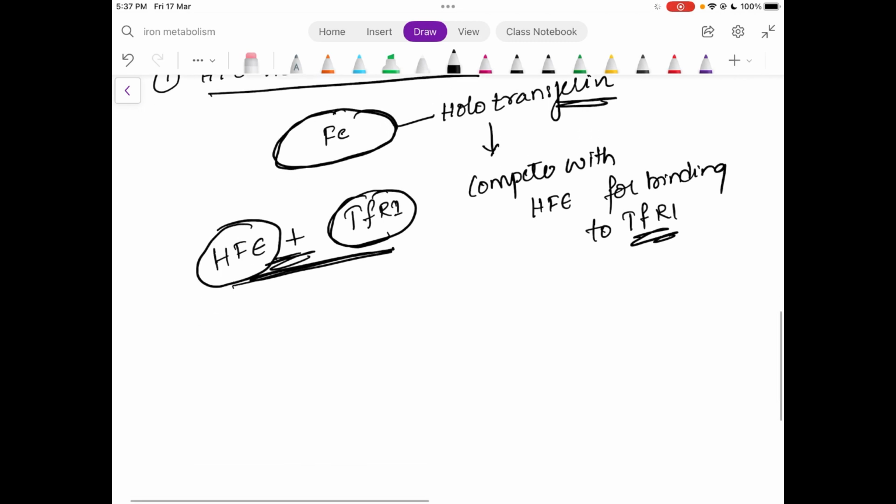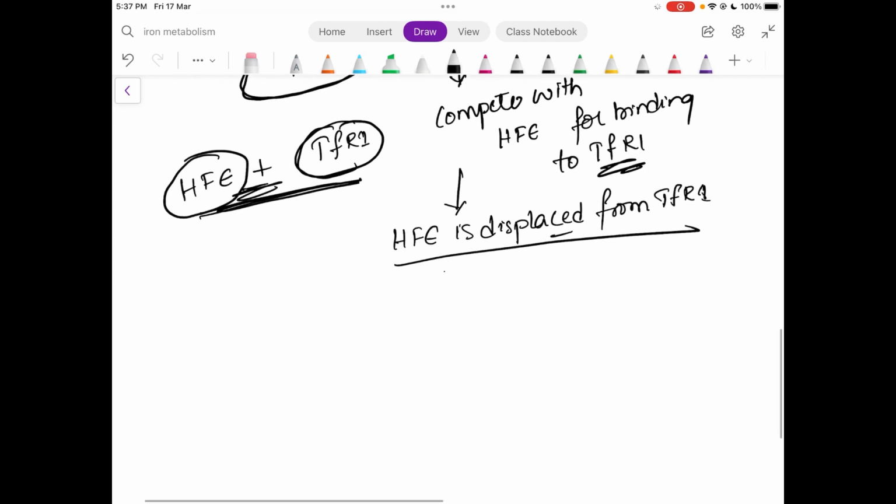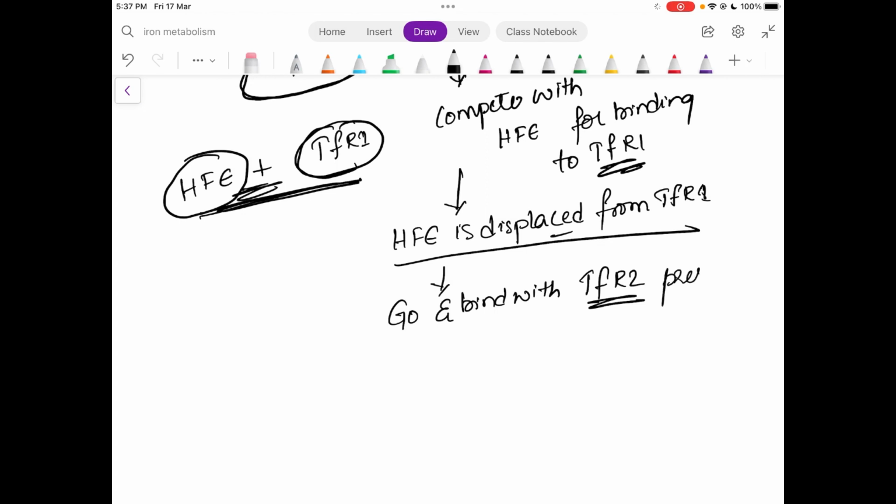What will happen? HFE is displaced from TFR1. This displaced HFE will go and bind with transferrin 2 receptors present in the liver. These transferrin receptors will help in synthesizing hepcidin. What will this hepcidin do?